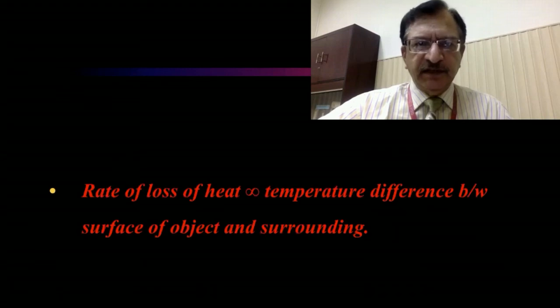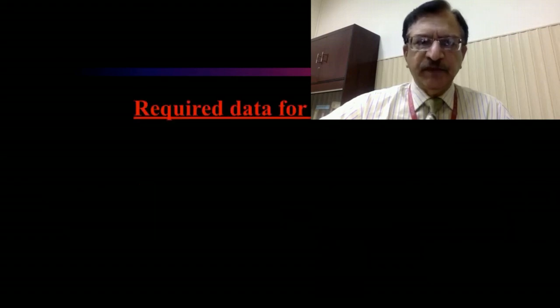So when you record the temperature and compare it with the normal, how much it has fallen, 1.5 degrees per hour will give you the estimation of time. The rate of loss of heat is directly proportional to the temperature difference between the surface of the object and the surrounding, that is the environmental temperature.